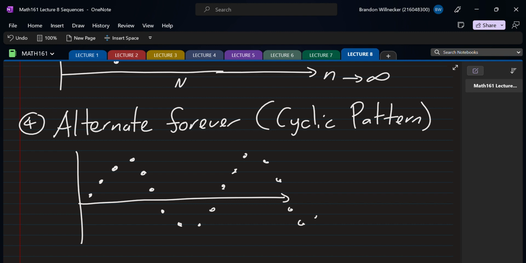Okay, we've got this cyclic pattern of our sequence elements getting bigger up to a maximum, then getting smaller down to a minimum, then going back to a maximum. So it never stabilizes. It just repeats this pattern. So it never stabilizes or approaches a constant.